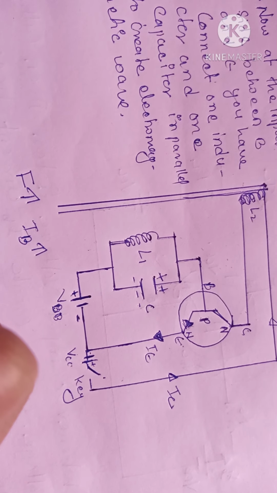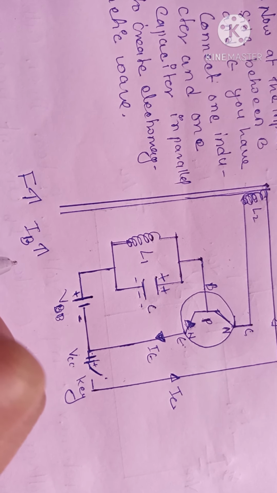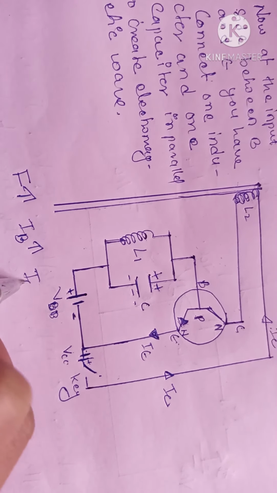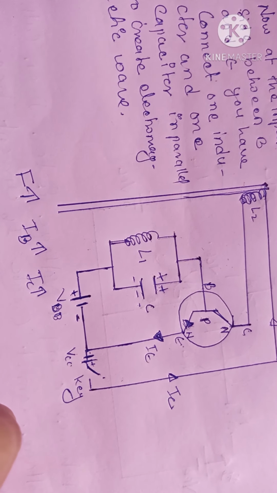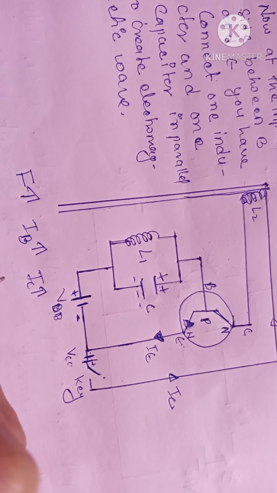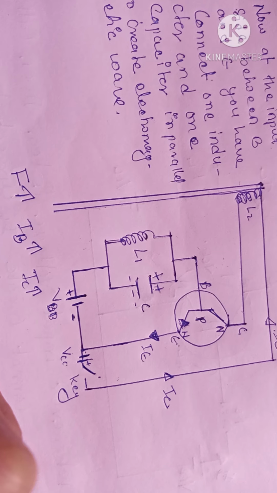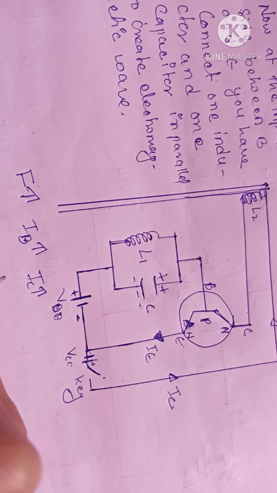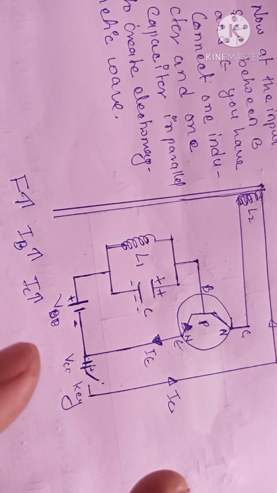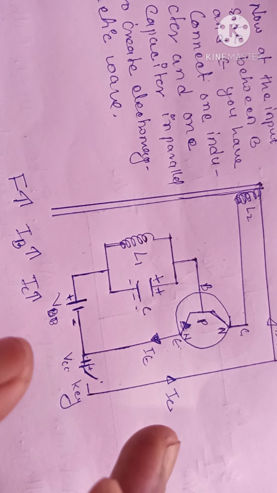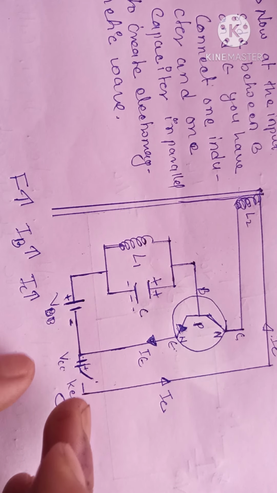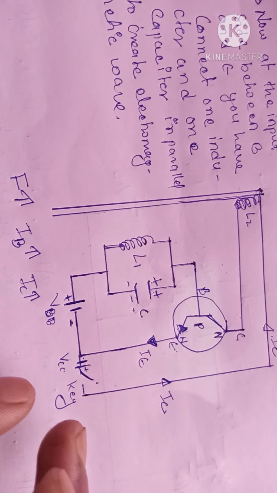When IB increases, IC also increases, up to saturation. Up to saturation means the capacitor gets fully charged. When the capacitor is fully charged, it cannot create EMF.